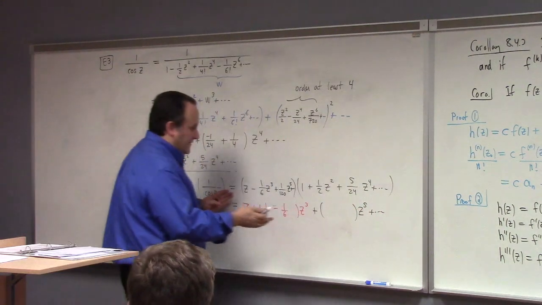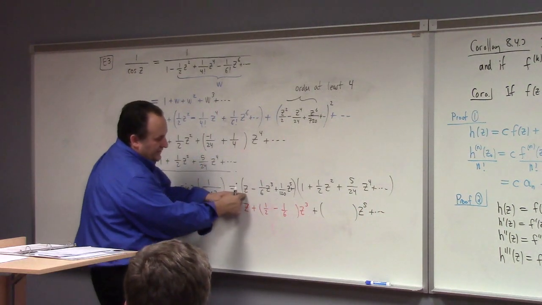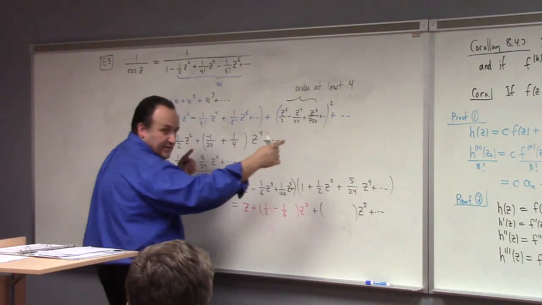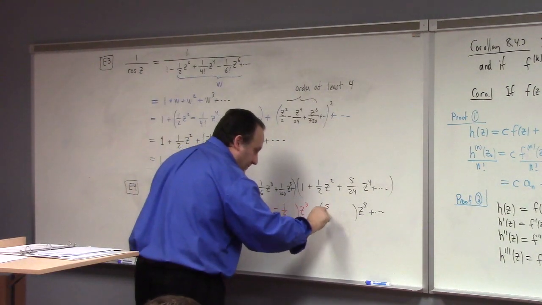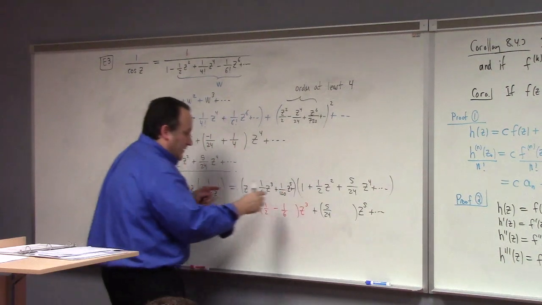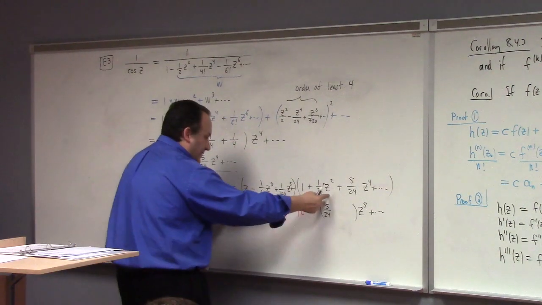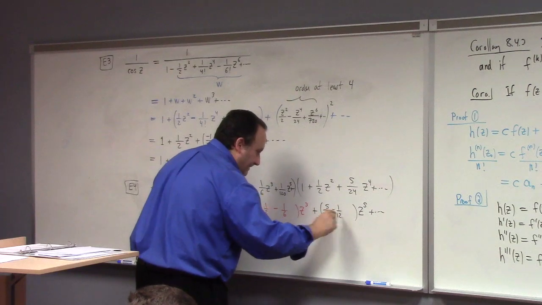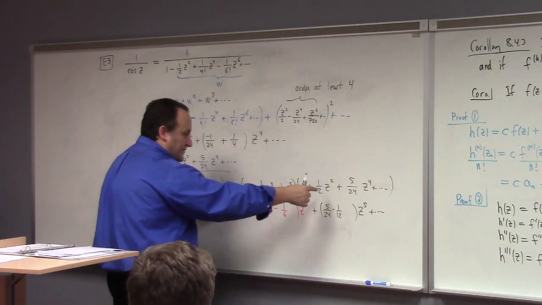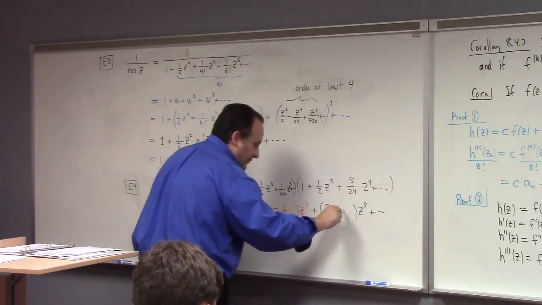I think I have everything. See, because the z times z to the fourth gives me one of the z to the fifth terms, so I get a 5/24. And then z cubed times z squared gives me a minus 1/12. Right? And what else? The plus 1 over 120.